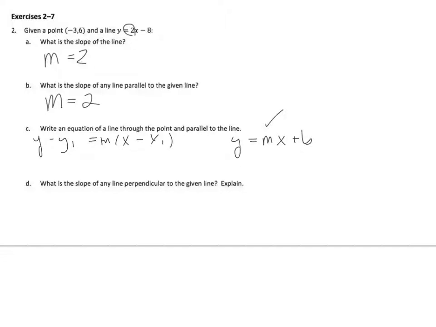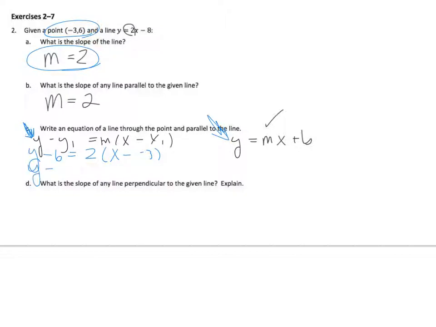So what I'm going to do is grab the slope and the point that we're given and plug it into this equation, and then I'm going to do it again, plugging it into the other equation. So y minus y1 is 6. y minus 6 equals m times x minus a negative 3.